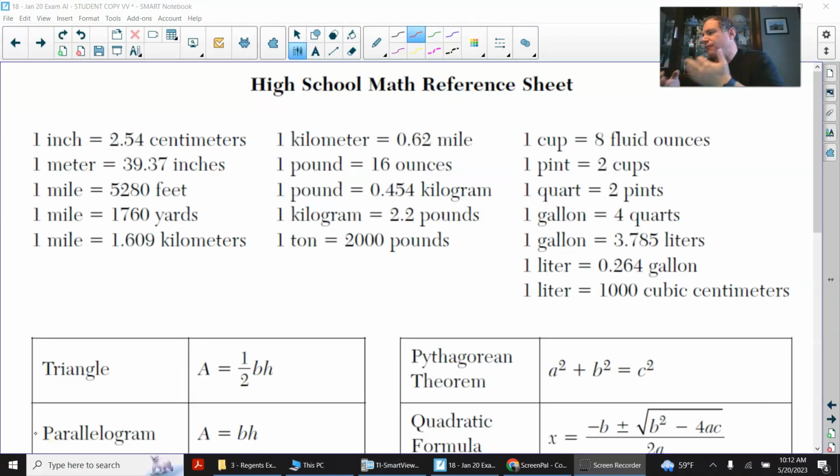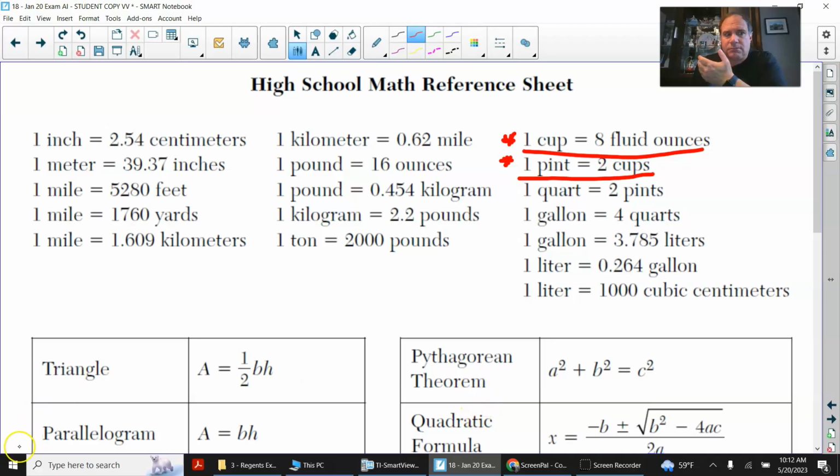And remember, it says 4 pints of water per day. So I'm looking at this right here, and I'm going to rewrite that 1 pint equals 2 cups. And then I'm going to have to go down to 1 cup equals 8 fluid ounces to make those conversions. So these two conversions on the reference sheet is what you need.